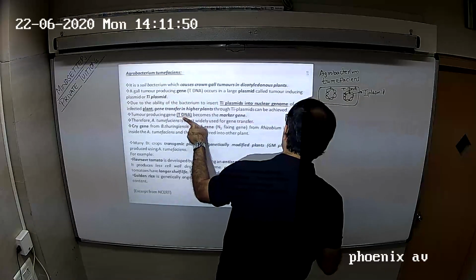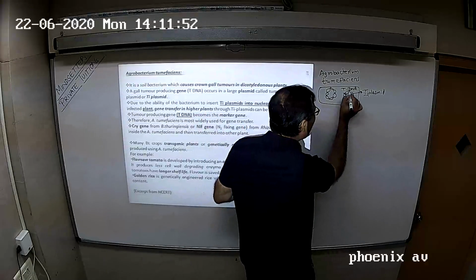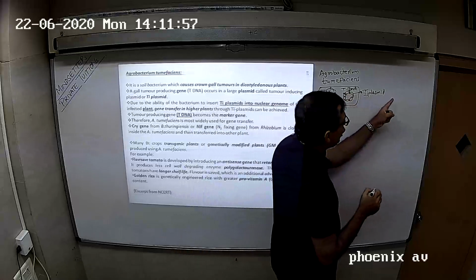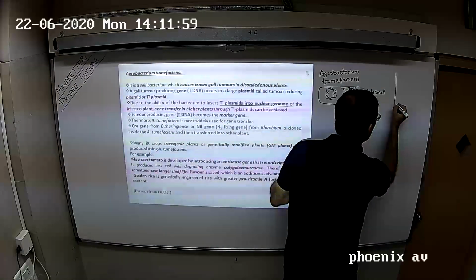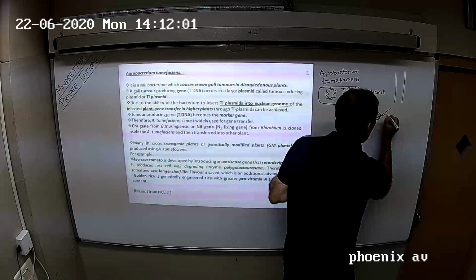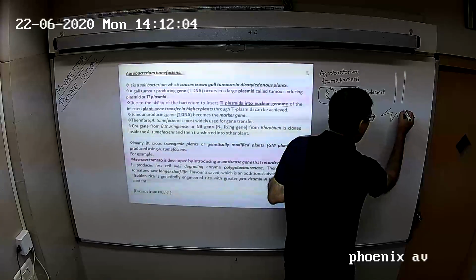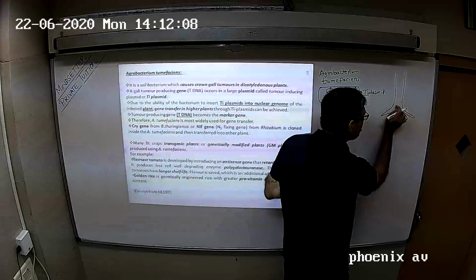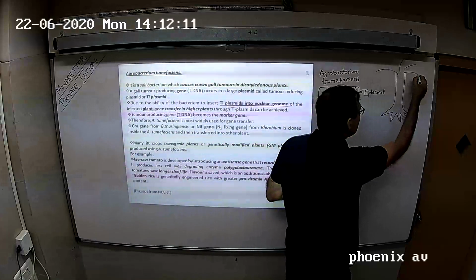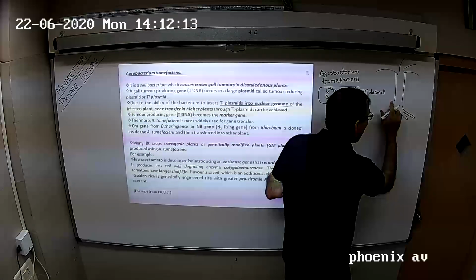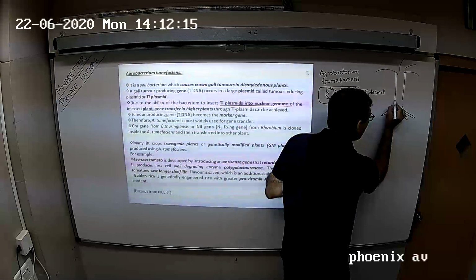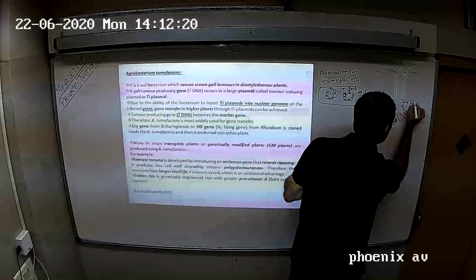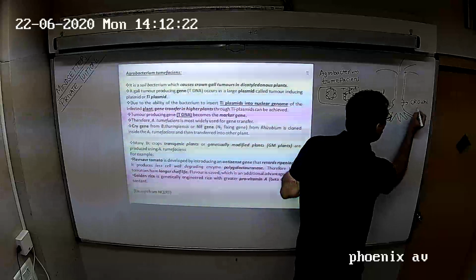So tumor producing DNA is the tDNA and that produces a tumor in plants which is called a crown gall tumor. तो ये है roots of the plant and root of the plant के just ऊपर ये है leaves, ये है stem and यहाँ just at the base of the stem it will produce a big tumor which is called a crown gall tumor.